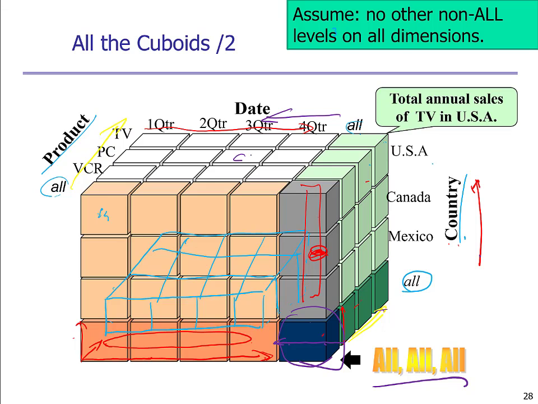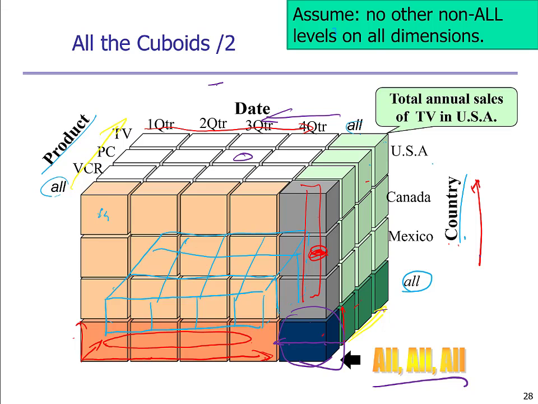For example, the cell here, in this white cuboid, it actually means the total sales of some product in some country within some date, right? Because here the product, country, and date are the level names. Note, it is not the dimension name.